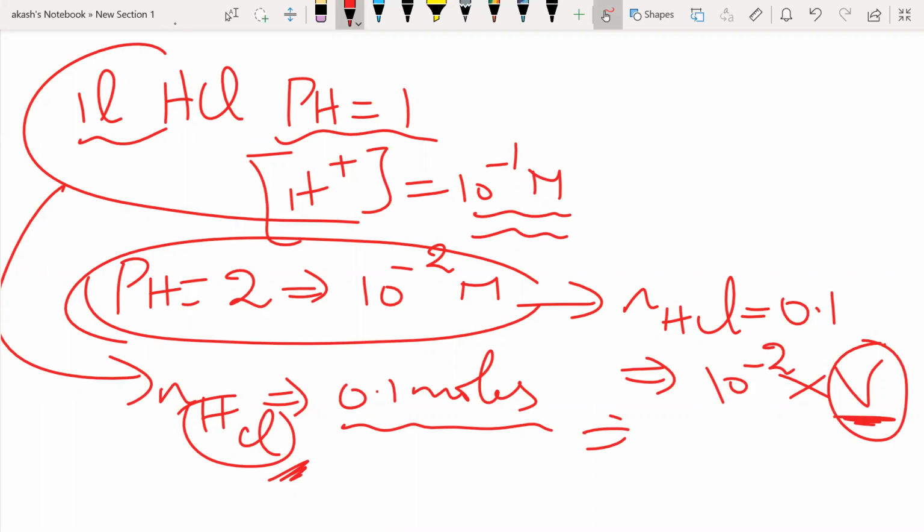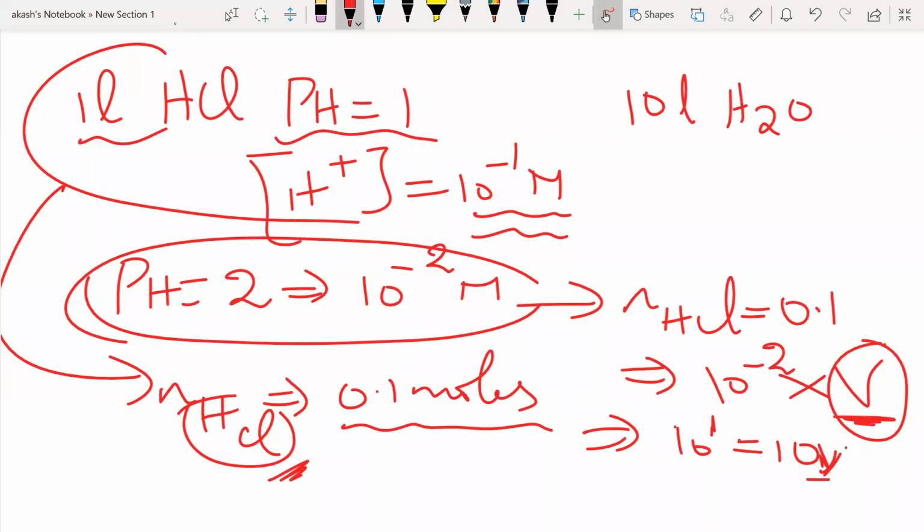Now, I think that you can easily do it. 10 to the power minus 1 divided by 10 to the power minus 2 will become 10 to the power 1. Am I right? Yeah, 10 to the power 1. That means there is 10 liters. I have now 10 liters of H2O.